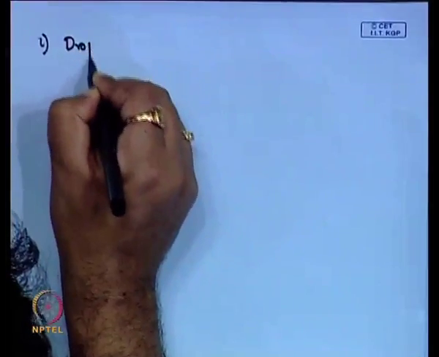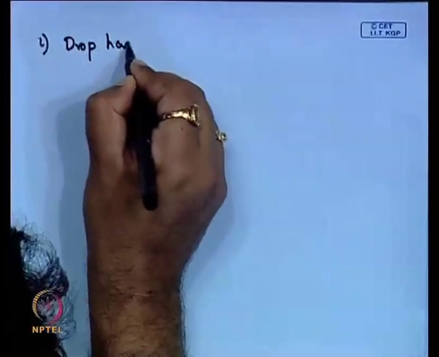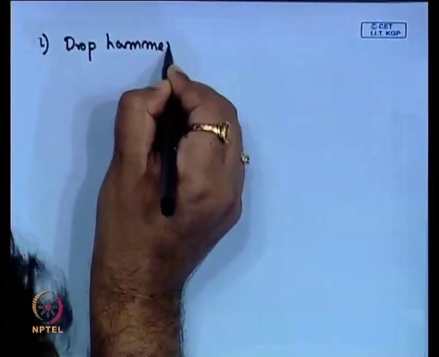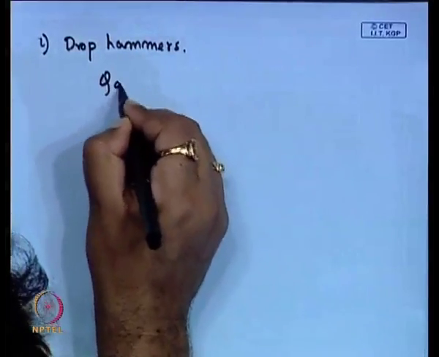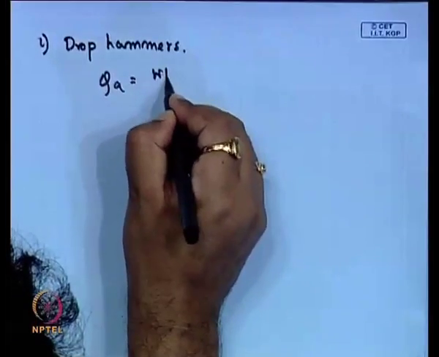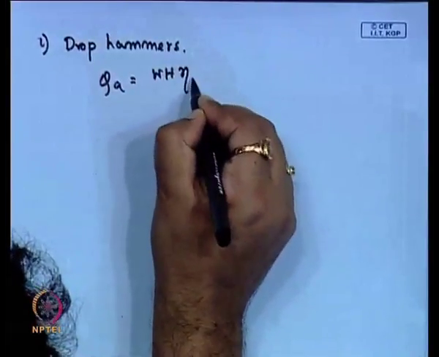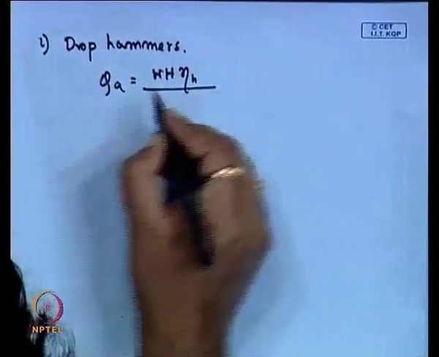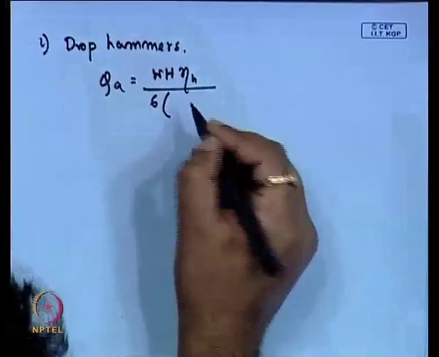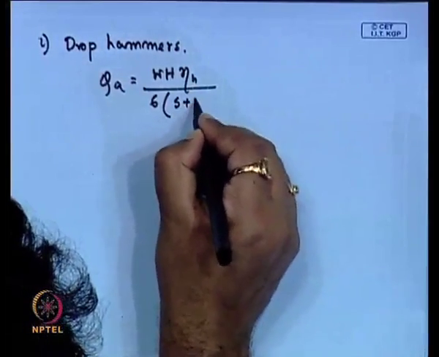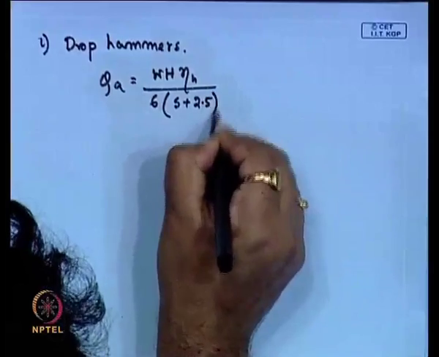So, now for the drop hammer, this Q A is W into H, and this is the efficiency, into 6 factor of safety, and S plus 2.5.